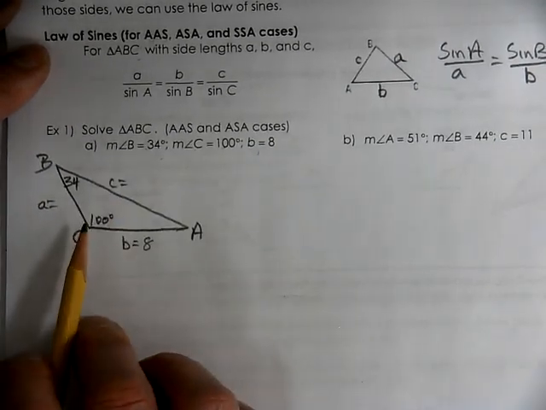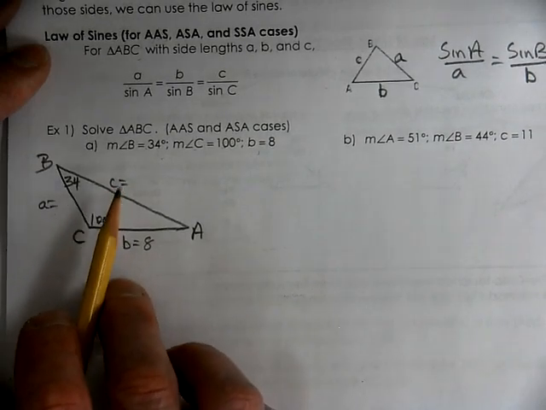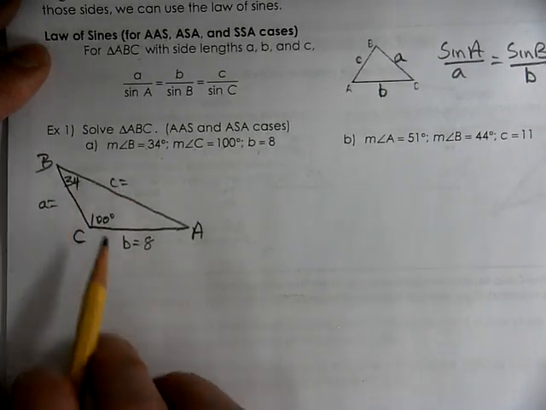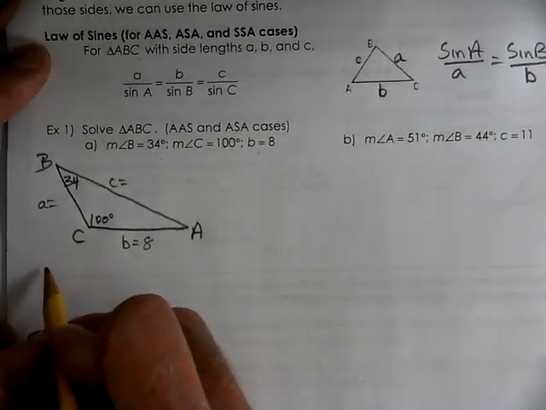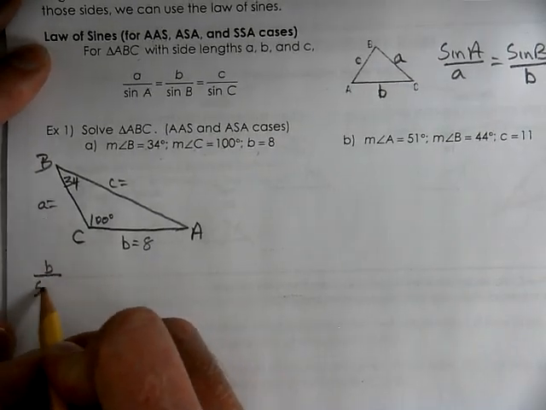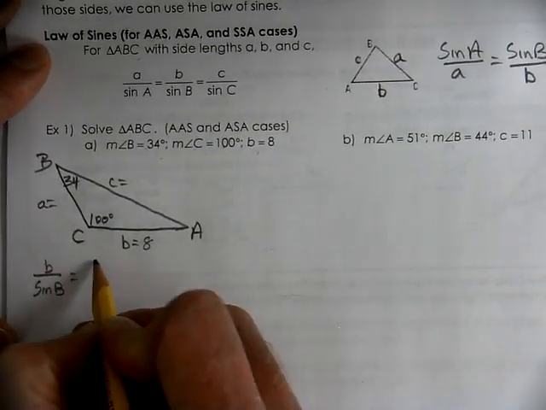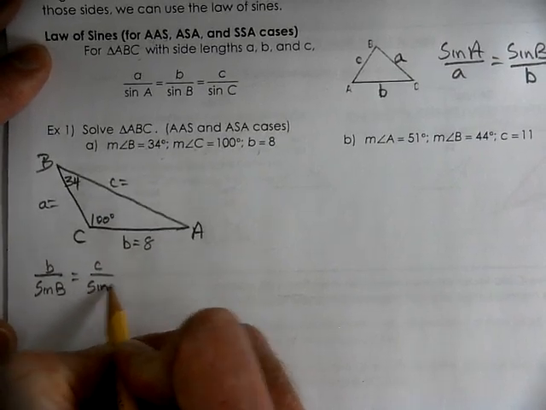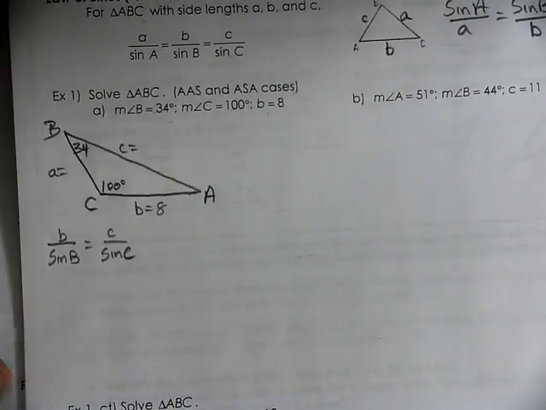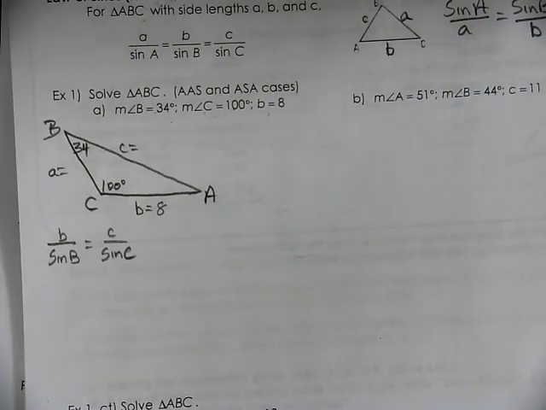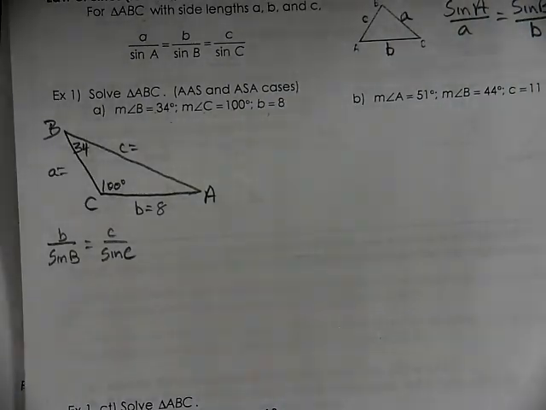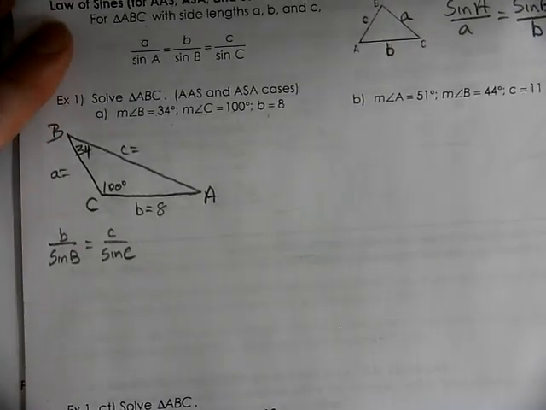Okay, we have the angle C, so we're looking for side c, and we have to use B. So what I would suggest is to first write it out using the letters. It just gets you organized, gets you thinking about what you are doing, where you are pulling your numbers from. You can't pull them just from anywhere.